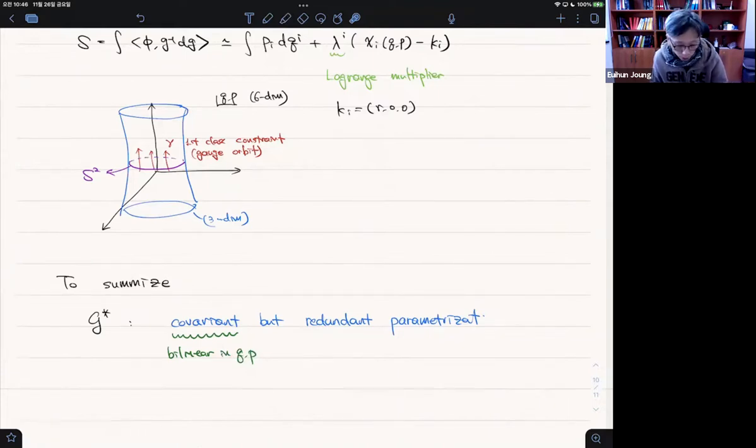So we just realize our G star as a bilinear in Q and P. In this way, we achieve covariance.